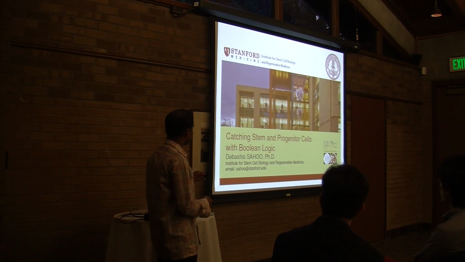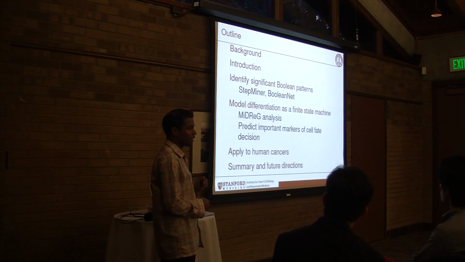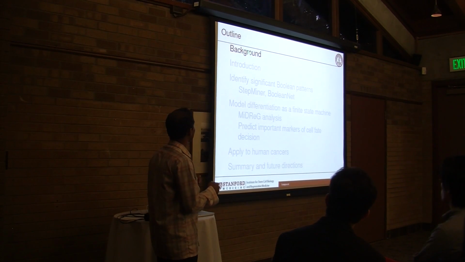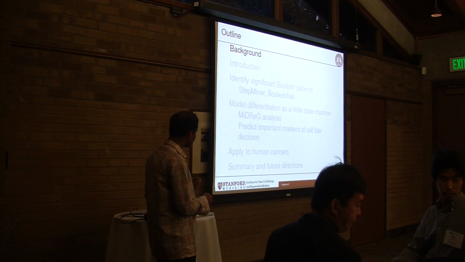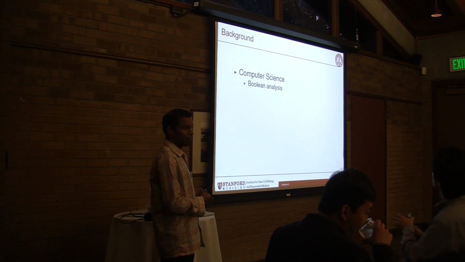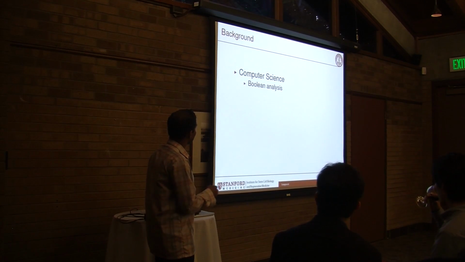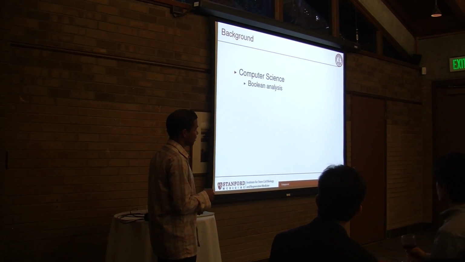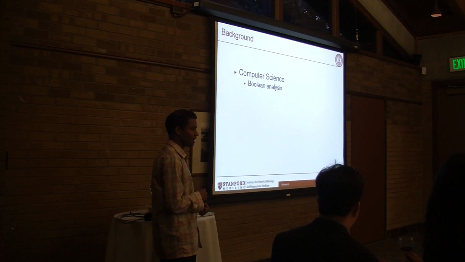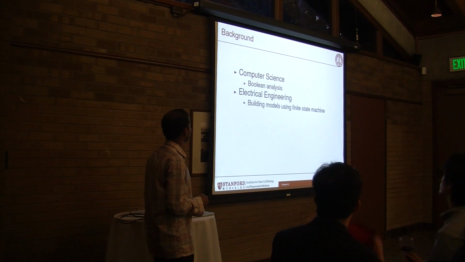And I'll briefly talk about my background, so this is going to be the outline. I'll talk about my background first and then go over the rest of the talk. So my background is from computer science, and specifically in this case I'll talk about the Boolean analysis part, which is relevant for computer science.